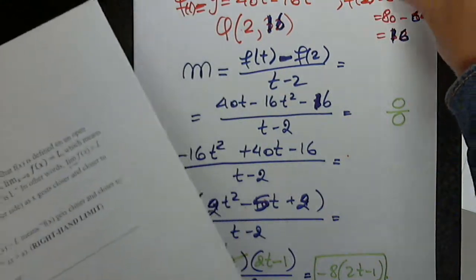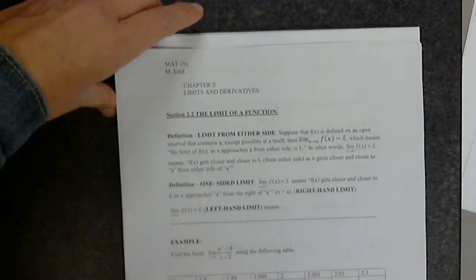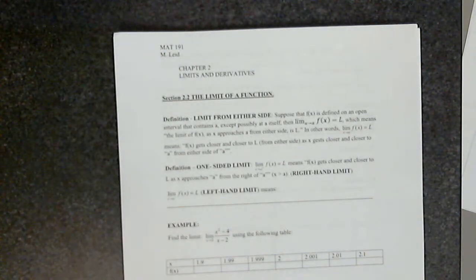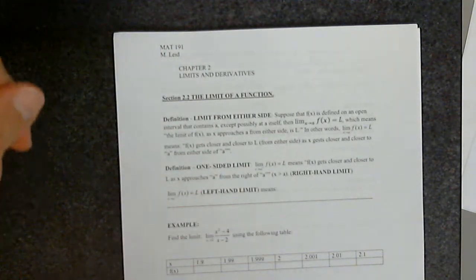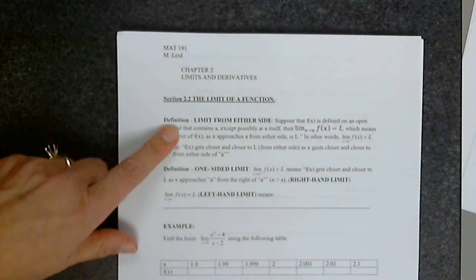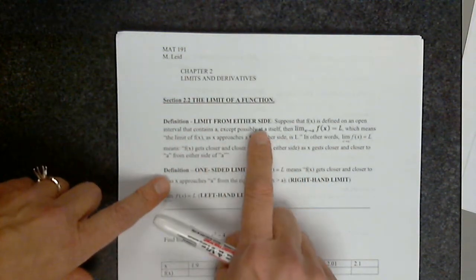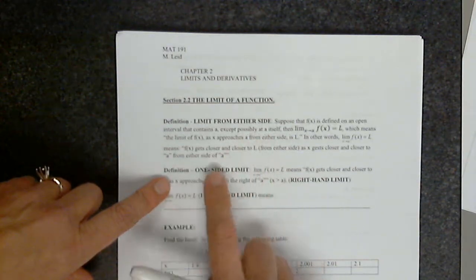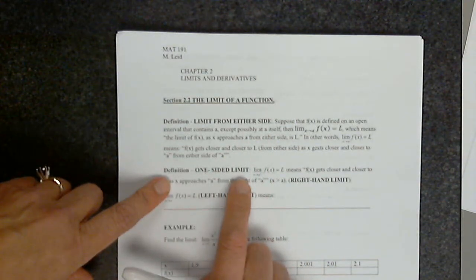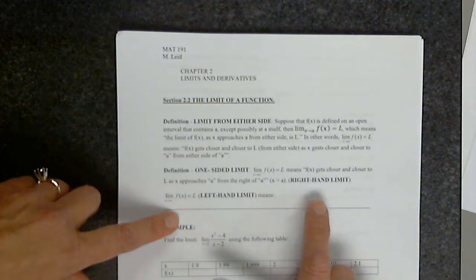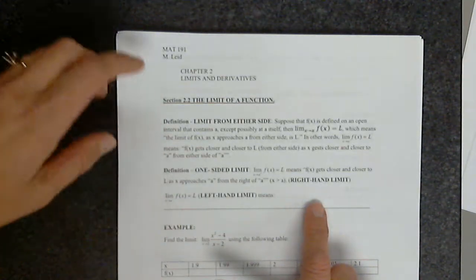So finally we get to what is called the limit of a function. So let's start. I did introduce the notation for the limit. We have 3 different possibilities. We have the limit from either side. We have a limit from the left. And we also have a limit from the right.